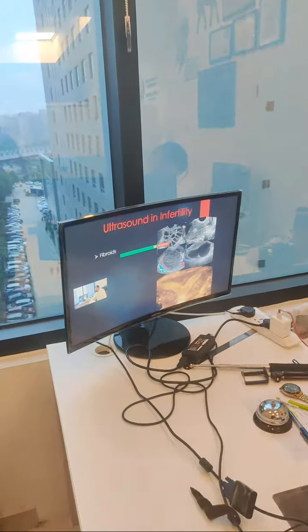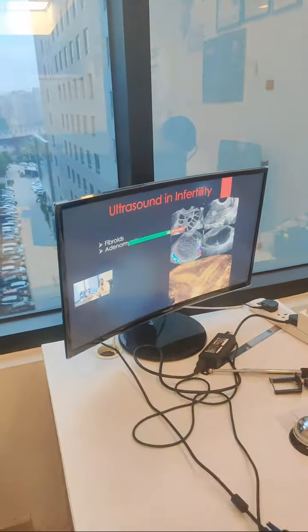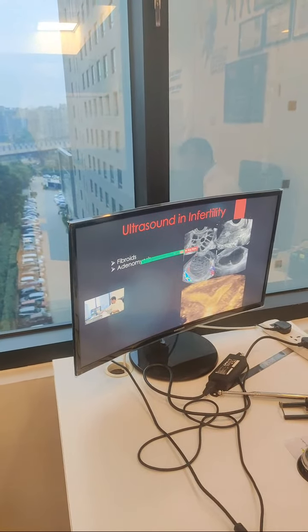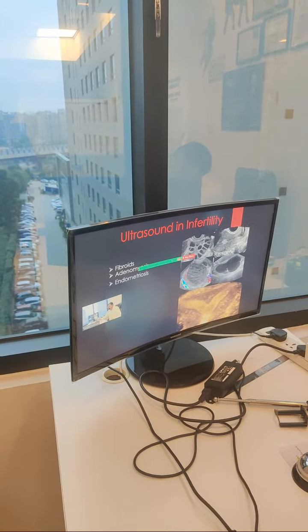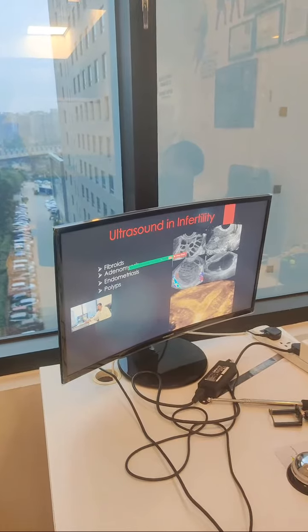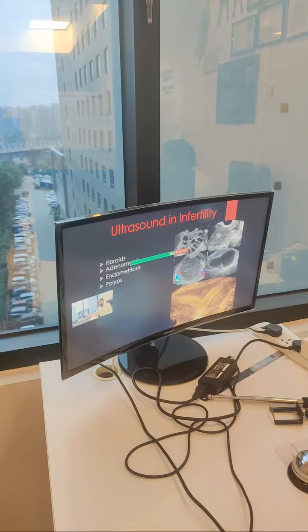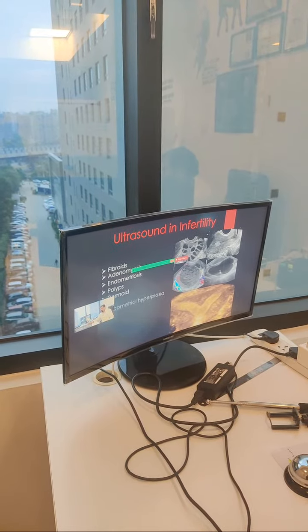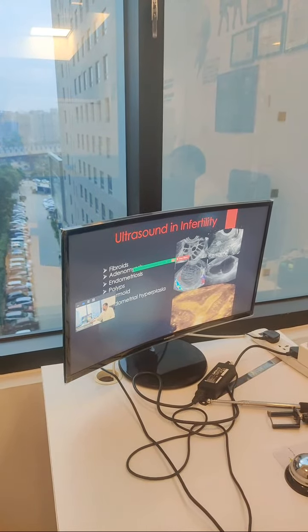Now, when we are talking of the infertility scan, what we have to see in the uterus is whether there are any fibroids, an adenomyotic patch, that is adenomyosis, endometriosis, maybe a polyp, maybe a dermoid, then endometrial hyperplasia.